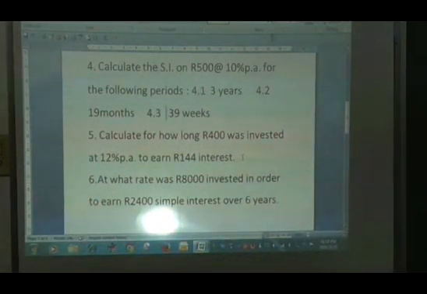Number 6. At what rate was 8,000 Rand invested in order to earn 2,400 simple interest over 6 years?